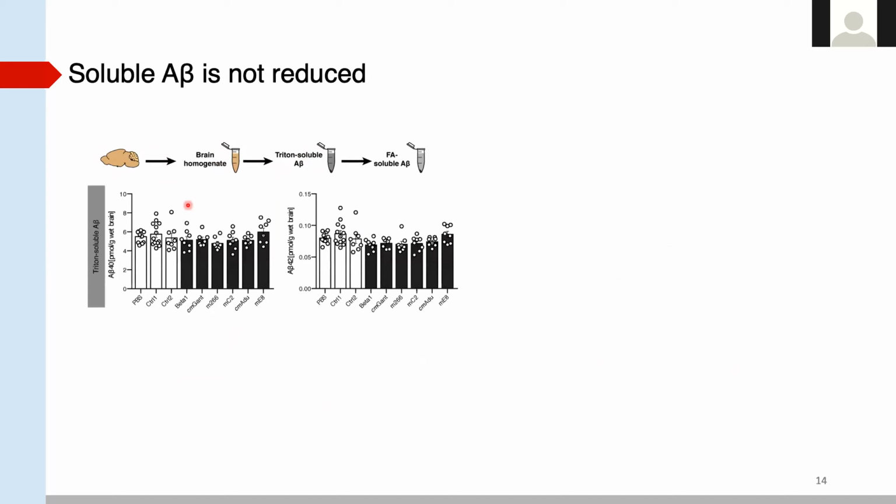Here are the results from the Triton extraction. On the left side is A-beta 40, and on the right side is A-beta 42. You can easily see that there is no obvious decrease in A-beta 40 or A-beta 42 in animals treated with amyloid-targeting antibodies.